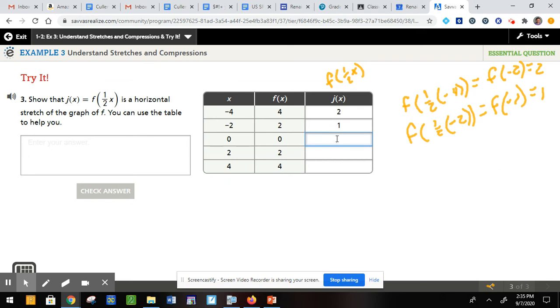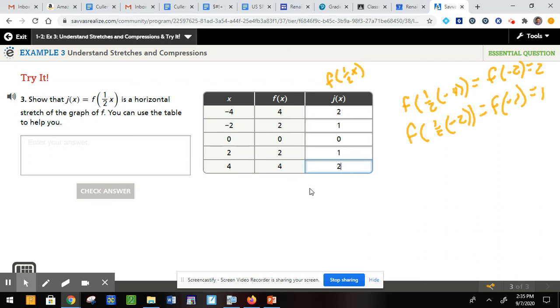What you see is the pattern is this column is half of whatever this column is. So I don't need to write that out every time. I mean, you can, but what's simply going to happen is the third column is going to be half of whatever this is. So half of 0 is 0. Half of 2 is 1. Half of 4 is 2.